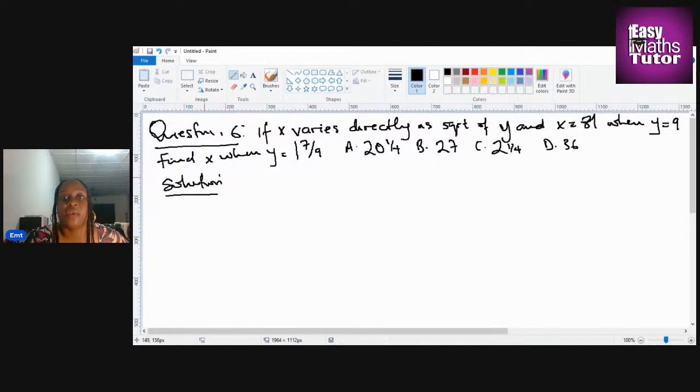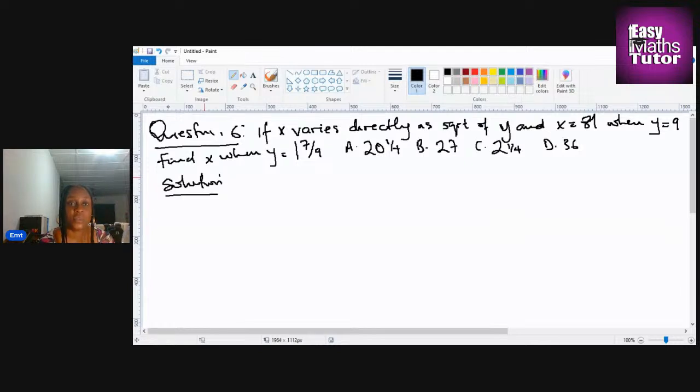If x varies directly as square root of y and x is equal to 81 when y is 9, find x when y is equal to 1 whole number 7 over 9.